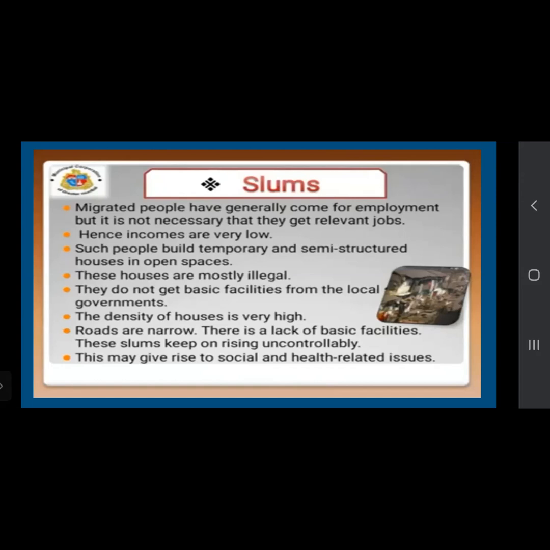This may give rise to social and health related issues, and this is the reason: there is no space between the houses, the density of houses is very high, roads are narrow, and basic facilities are not available.